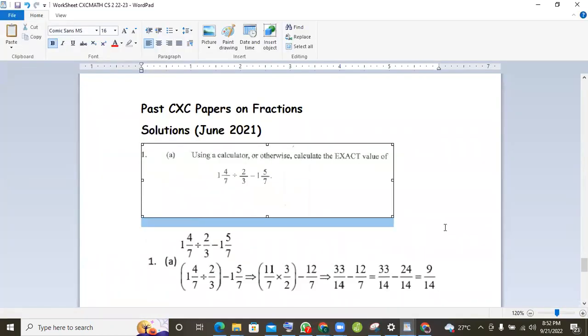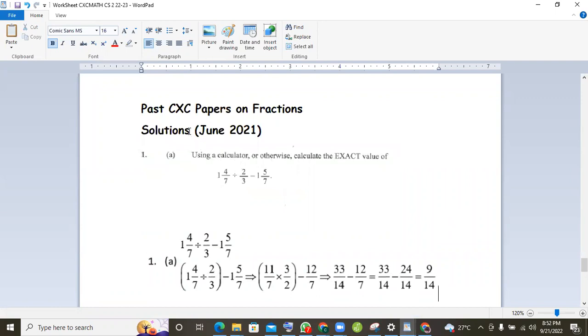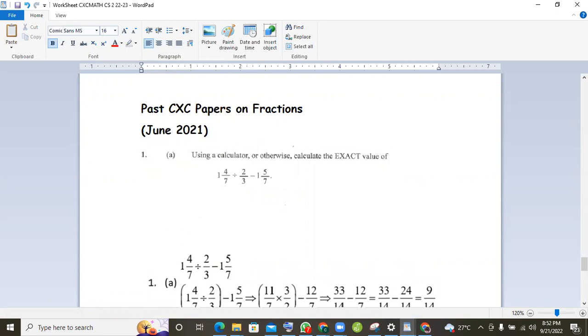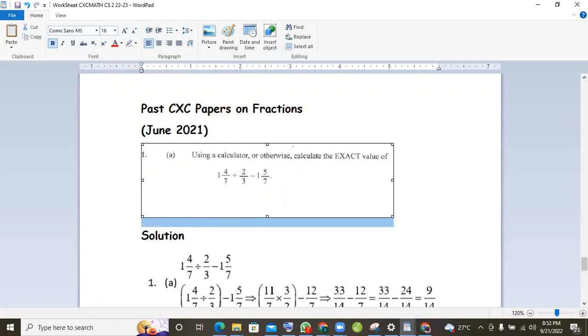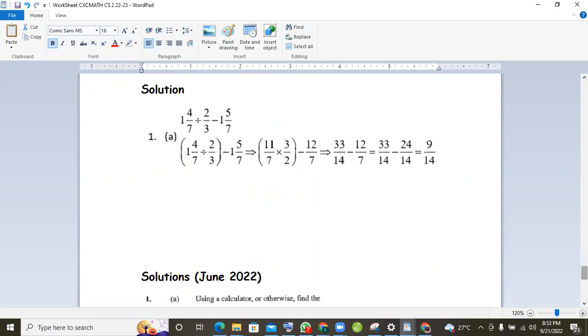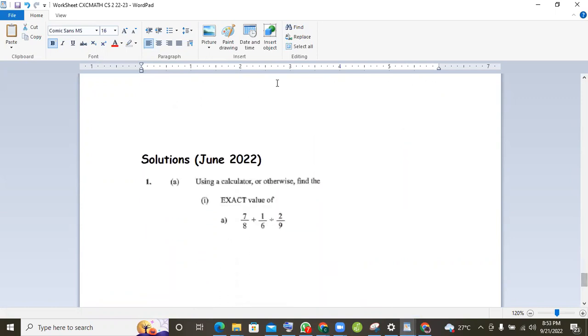Okay, I can put this there. And under there now, just put solution. And the same applies for the June 2022.